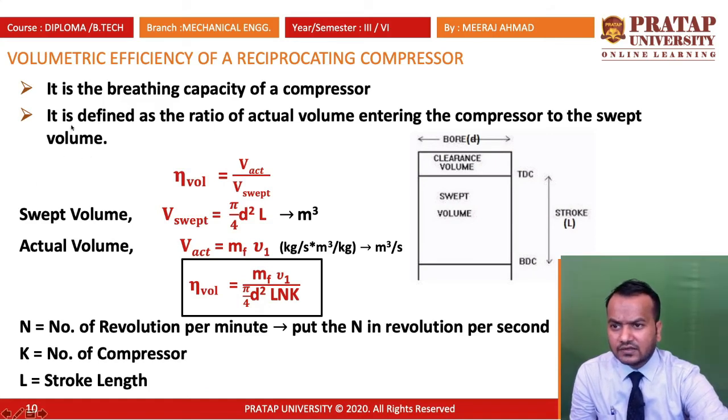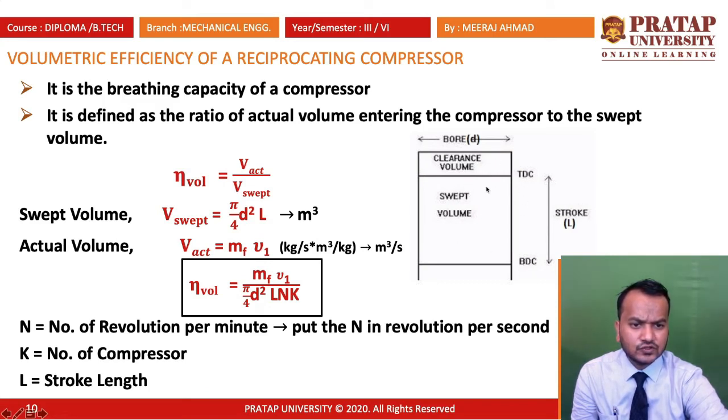So like that, it defines the ratio of the actual volume entering the compressor to the swept volume. So volumetric efficiency can be expressed as the ratio of actual volume divided by the swept volume. You can see in the figure, this is the clearance volume, and from TDC to BDC, this is the swept volume.